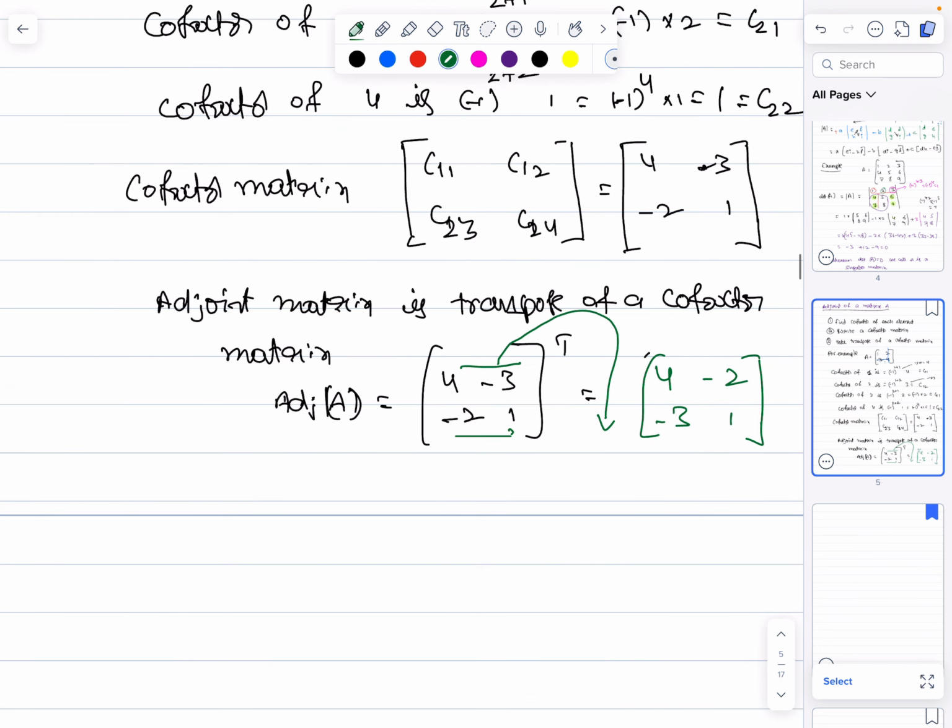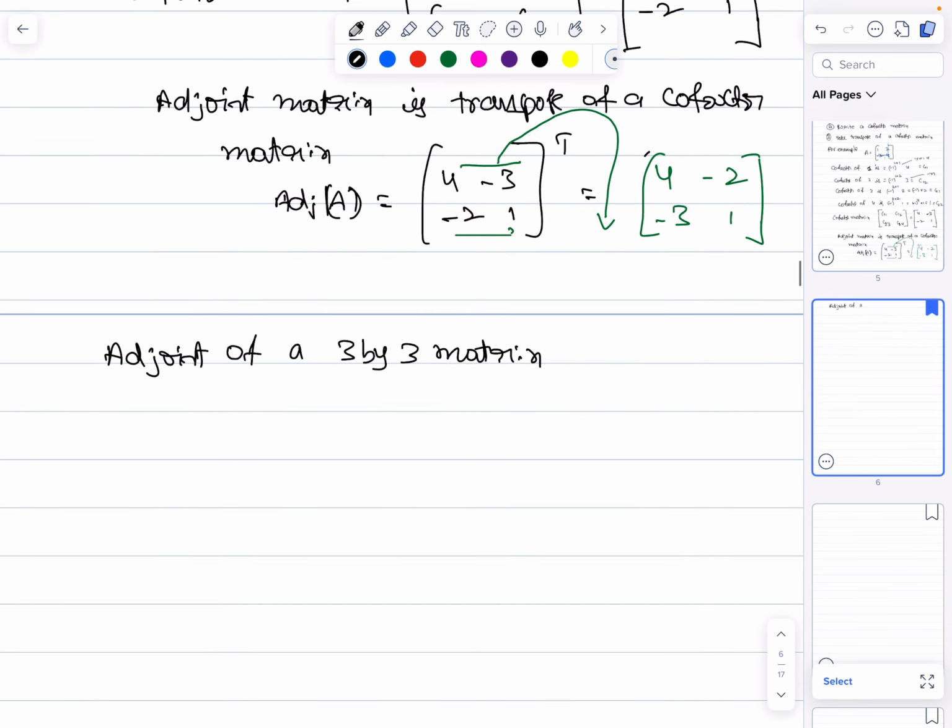Now, I will take you to the adjoint of a 3 by 3 matrix. So, how do you find the adjoint of a 3 by 3 matrix? Let A is equal to 1, 1, 1 and 1, 2, minus 3, 2, minus 1, 3.